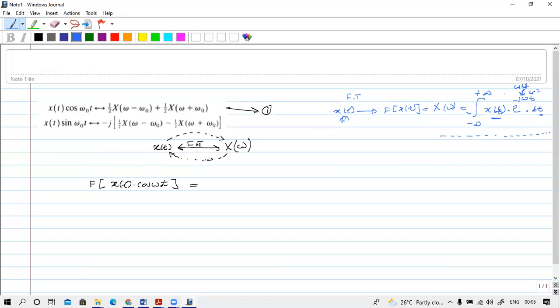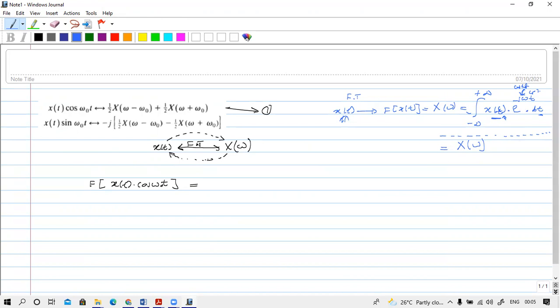So if we do this integration, we will get an expression with t and omega. Then if you apply the limits minus infinity to plus infinity, the t will vanish, and we will get an expression only in omega. That is the frequency domain signal. So this is how we evaluate the Fourier transform of any xt signal. You have to remember this identity.